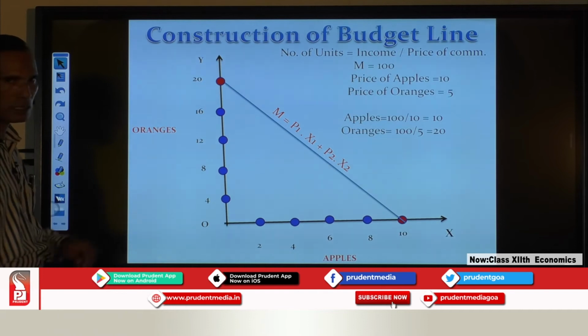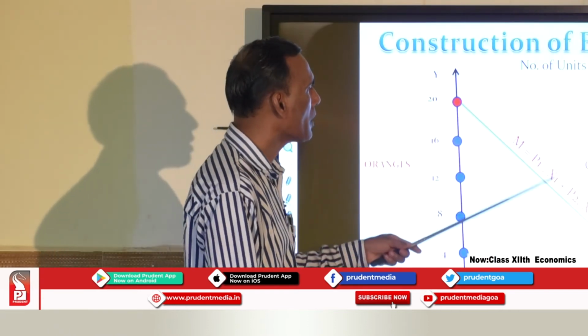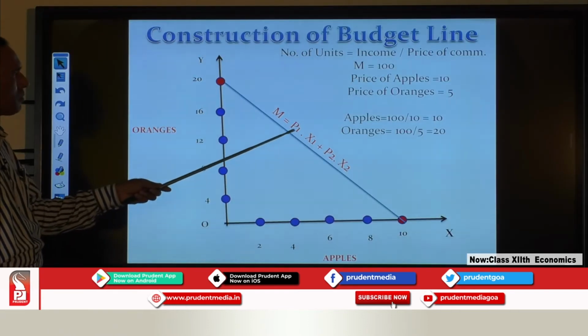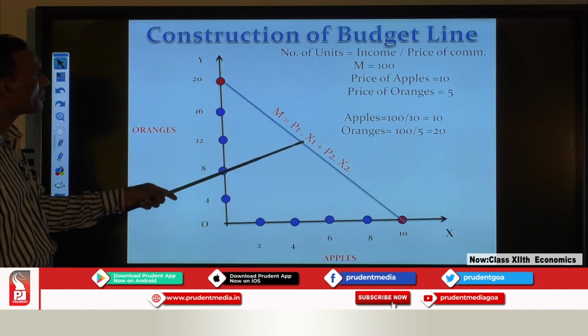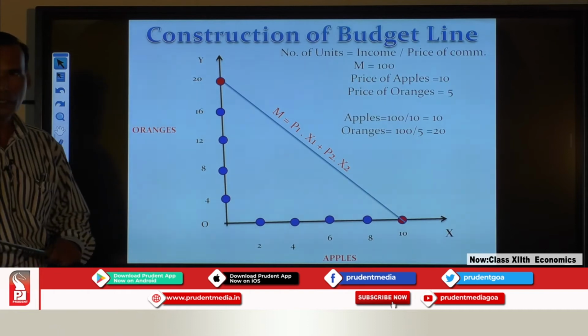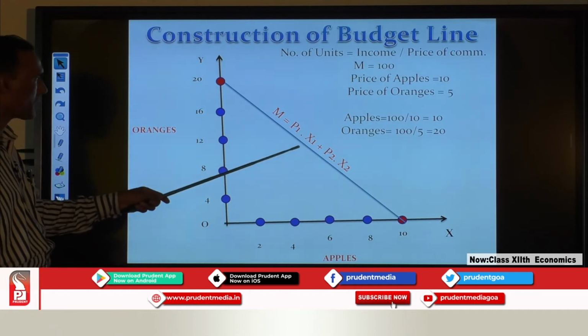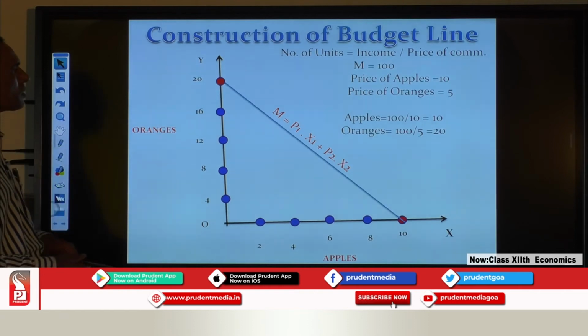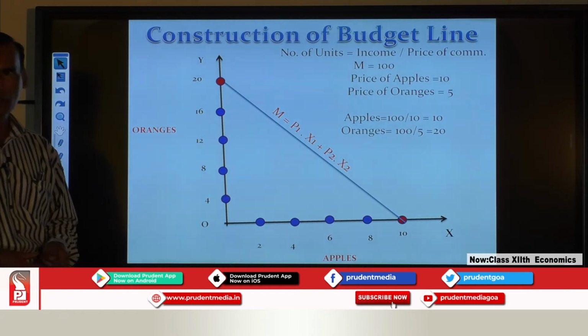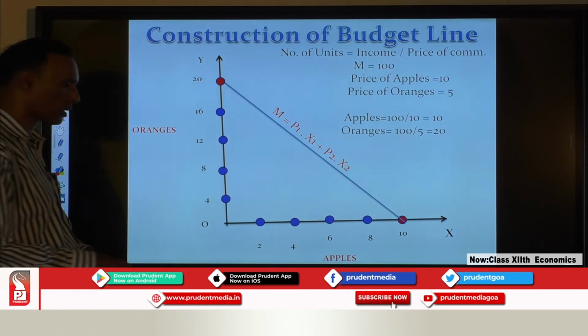Now, M means consumer's income, P1 means price of commodity 1, x1 means number of units of commodity 1, P2 means price of commodity 2, and x2 means number of units of commodity 2.